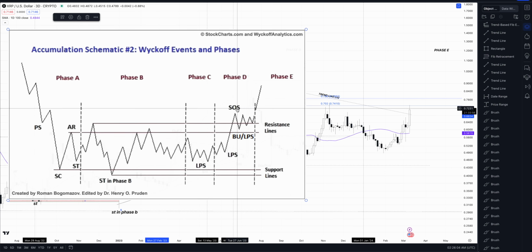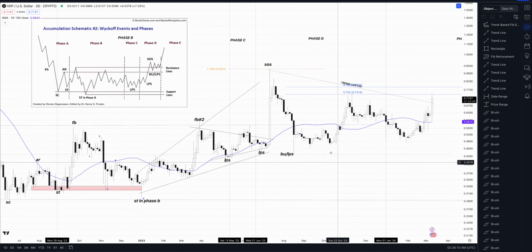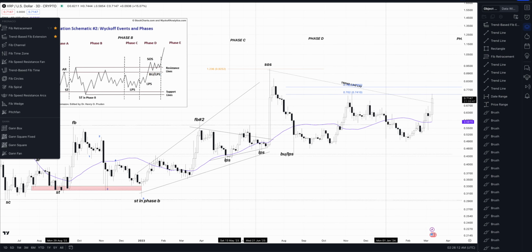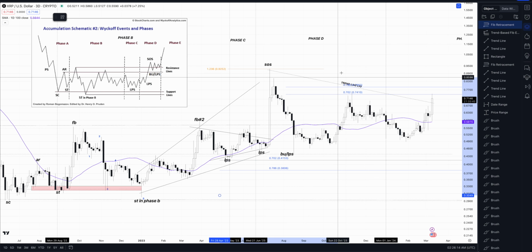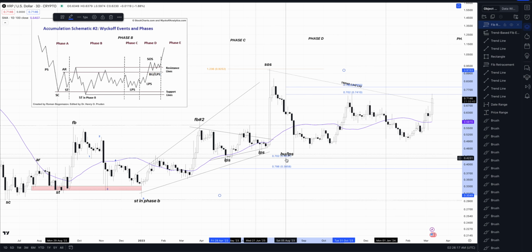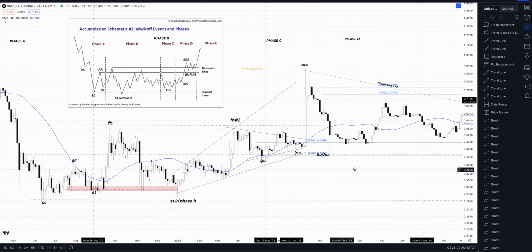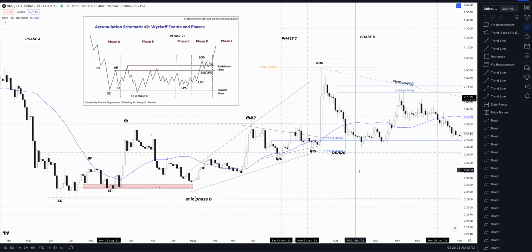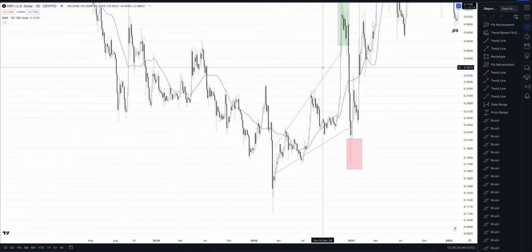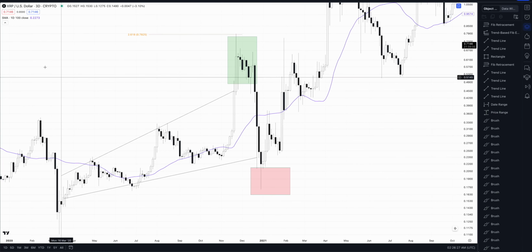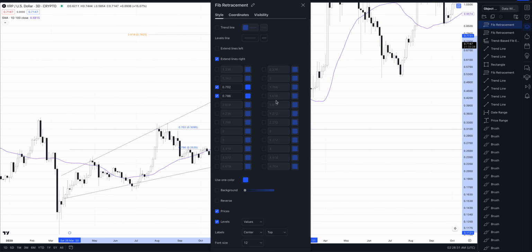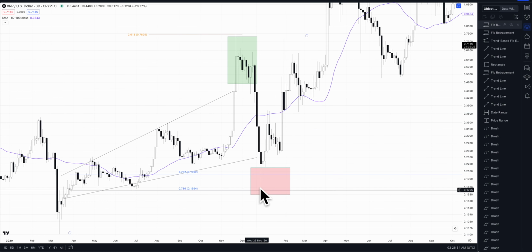So after your SOS, you come to the top of the range and you chop around to the side. So over here, we come down to the top of the range, and in this case, we came down to your 78.6% fib on the linear scale. You see how we wick down to the 786, similar to what we did in 2020? Okay, had a leading diagonal, an ascending broadening wedge, and then a move down to the 786.